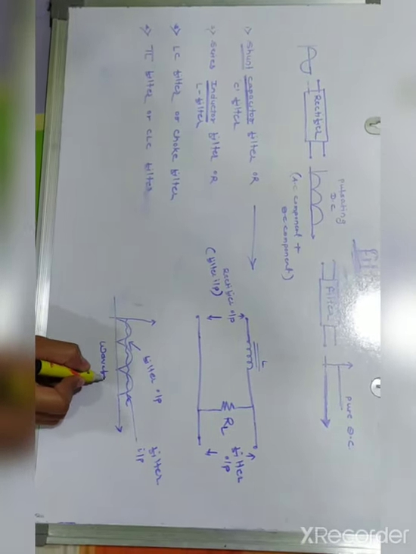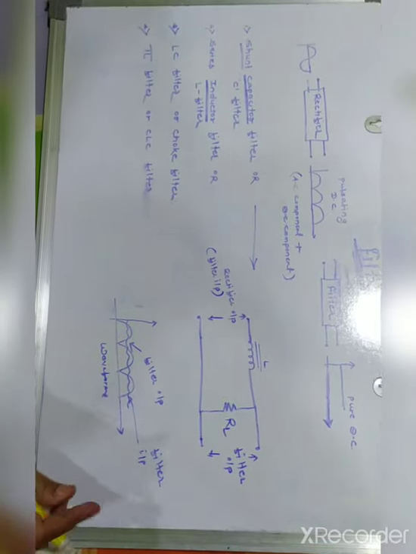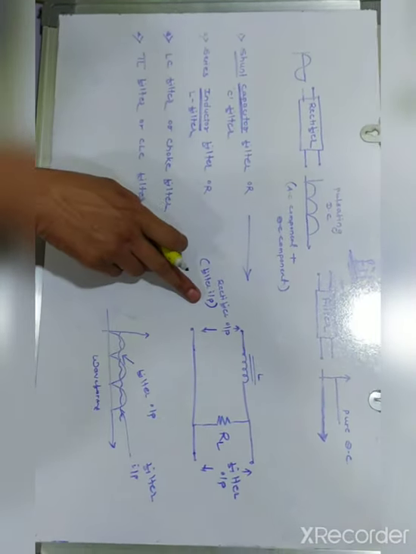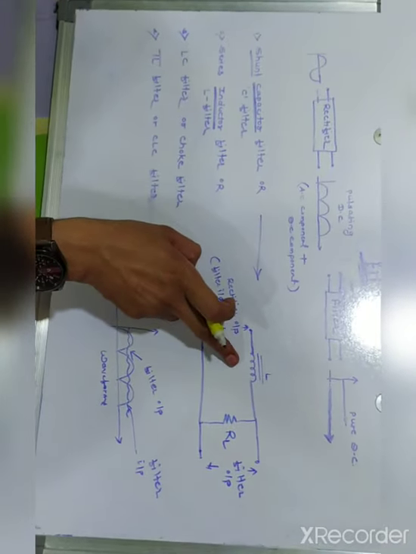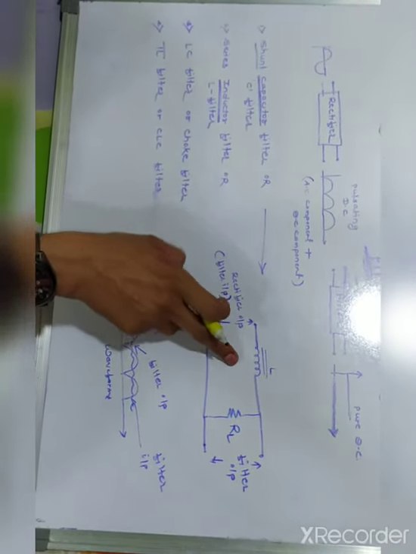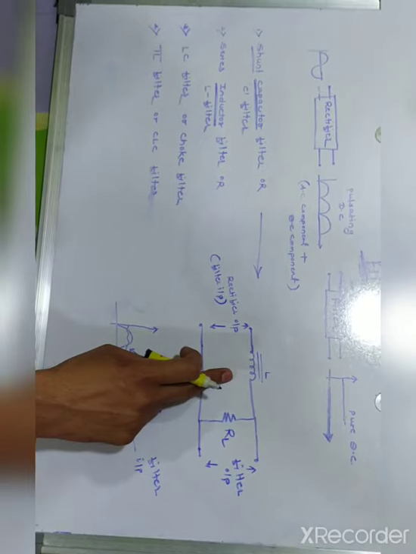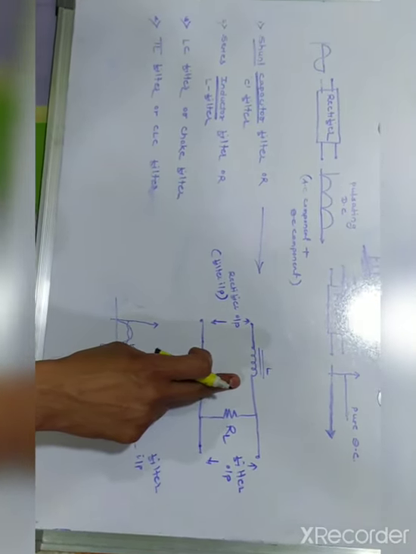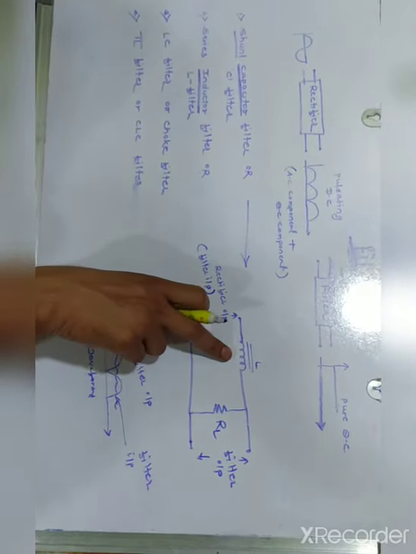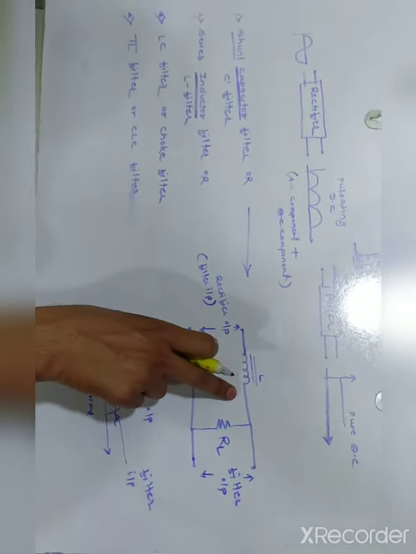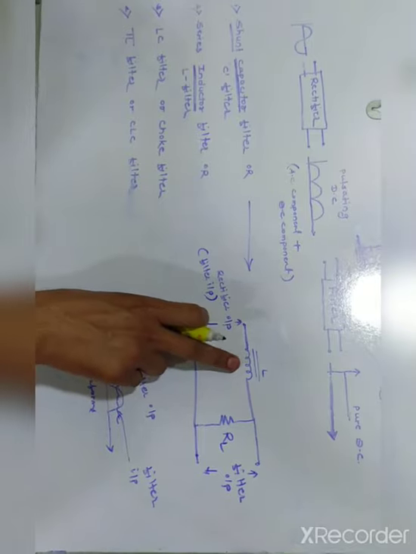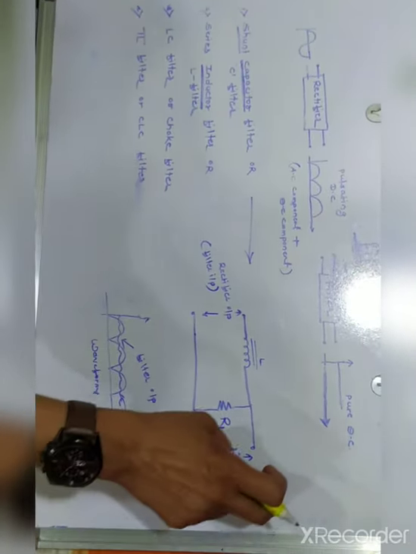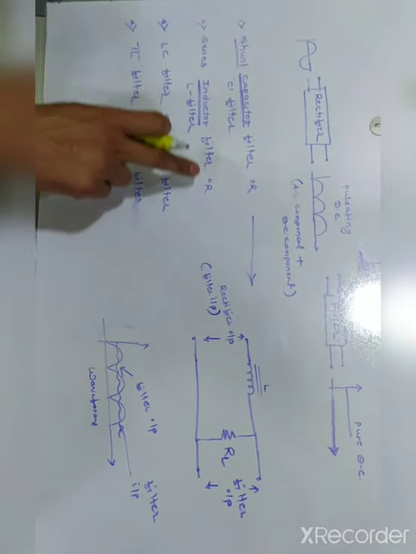This is the filter output. When the rectifier output passes through the inductor, it offers very high resistance to AC but zero resistance to DC. That means it passes the DC supply very easily. This is the main function of the inductor, and this is the simple circuit of the series inductor filter.